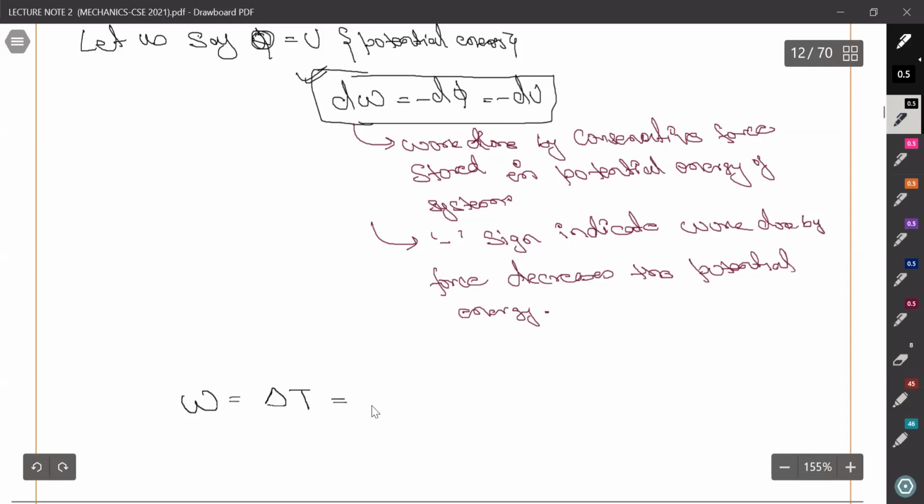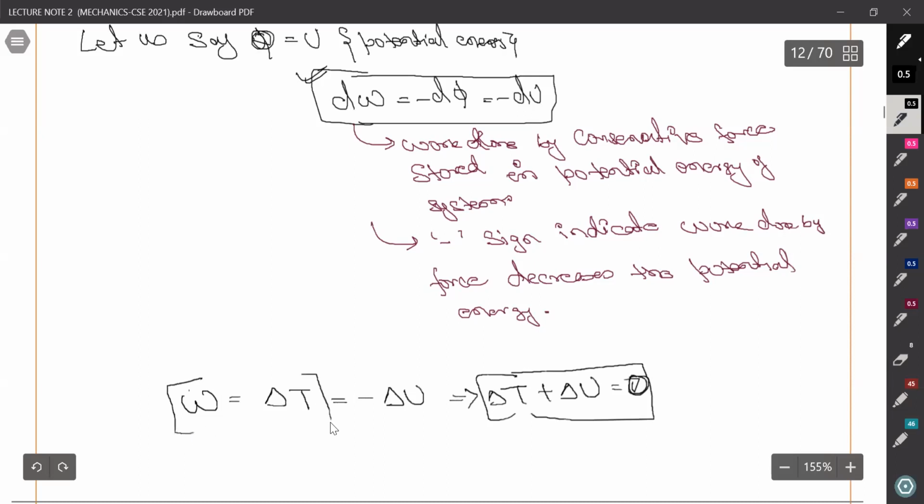From here we can write it as minus delta U. So we can write that delta T plus delta U is equal to 0. See, we have already derived this part. When you are deriving this in examination, you need to derive this part also. So we can write this.